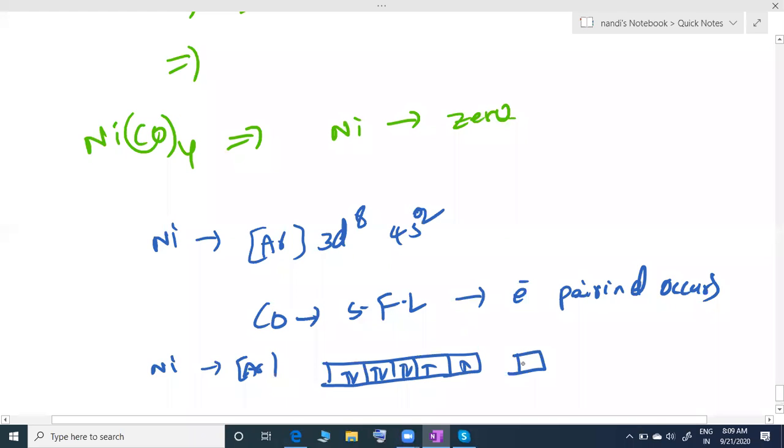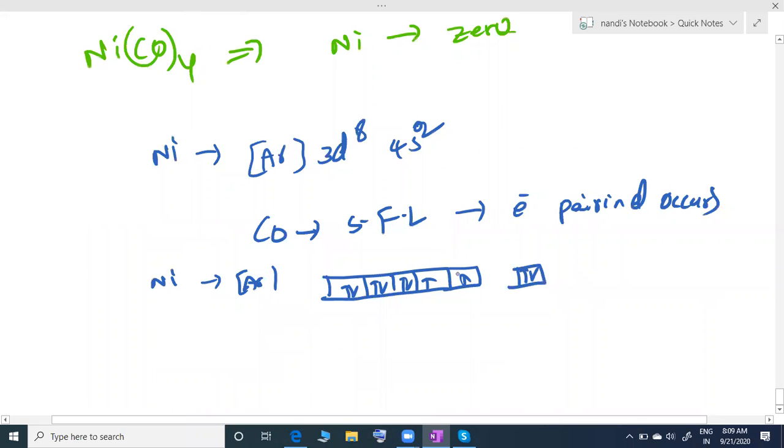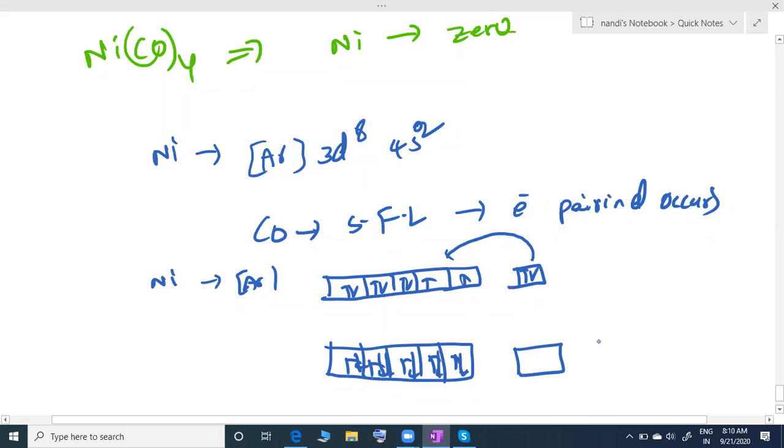This is the way you have to see it. When the ligand approaches, pairing occurs: these electrons enter into these orbitals because 2 boxes are vacant, and those 2 are also going to be filled. When these electrons enter here, you can see everything is paired up. Now only 4s is empty and 4p is empty.